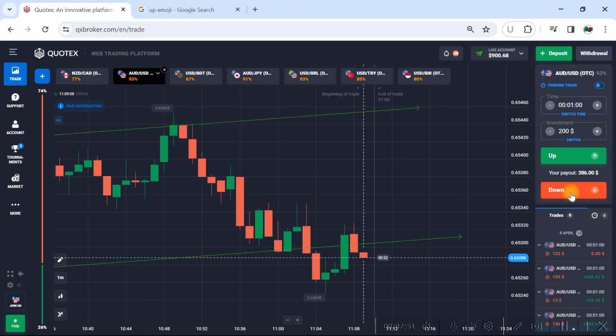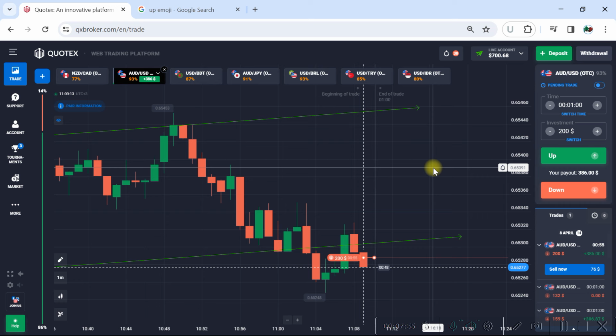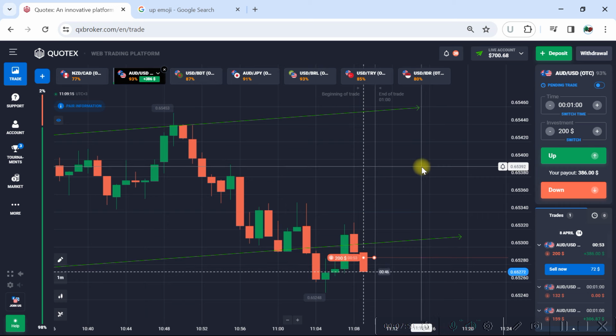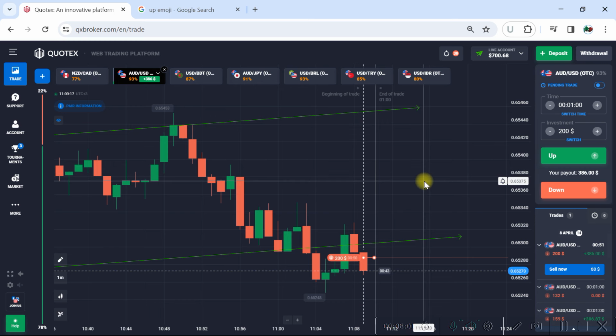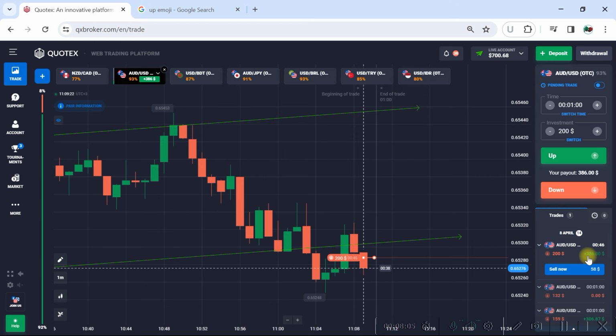So again, I'll go down on that for another 1 minute with $200 and see what happens. So in case we win this, we will recover. We will get $386. That means that we'll go above $1,000, which is what we had when I started.